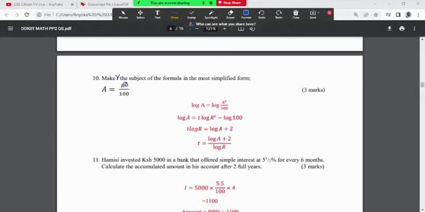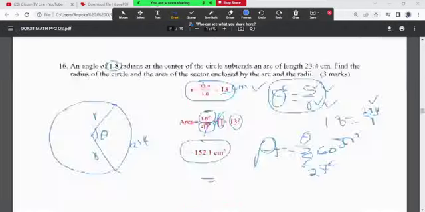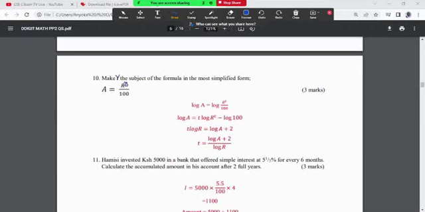And before you introduce logarithms, both sides must be a single term, or a single term can be taken as a bracket. So introduce log both sides.